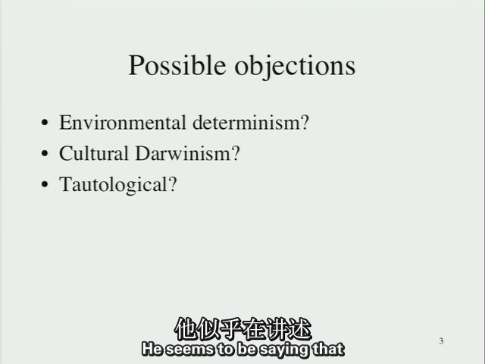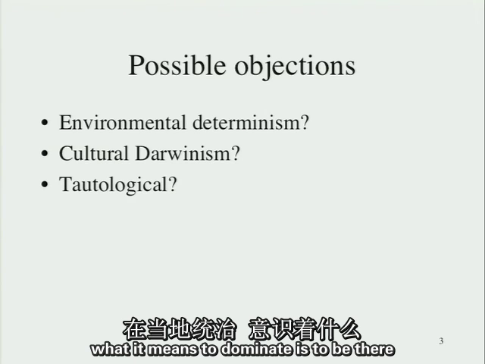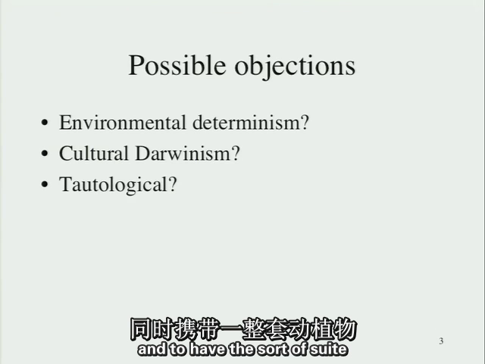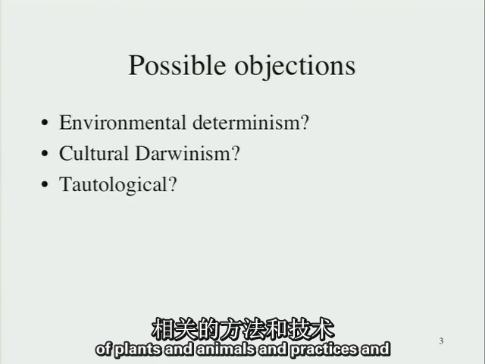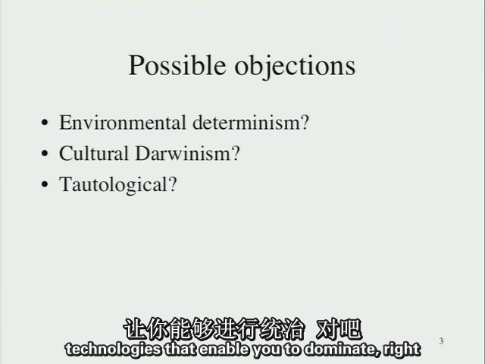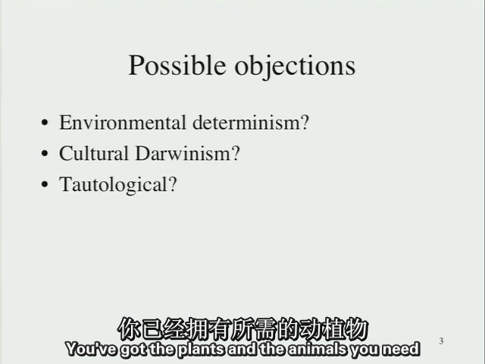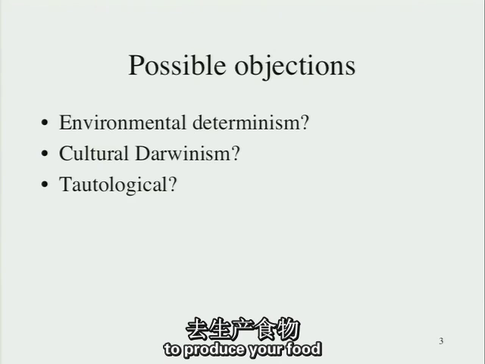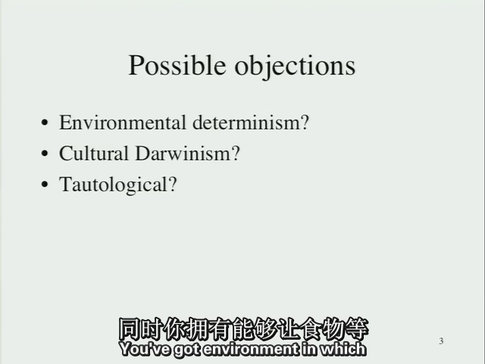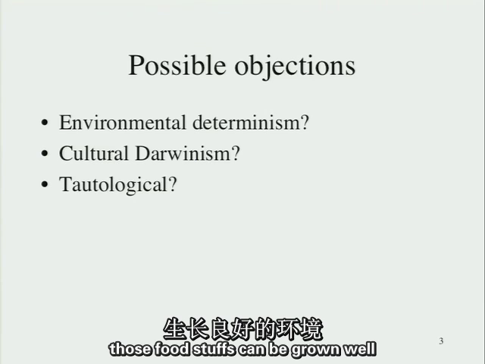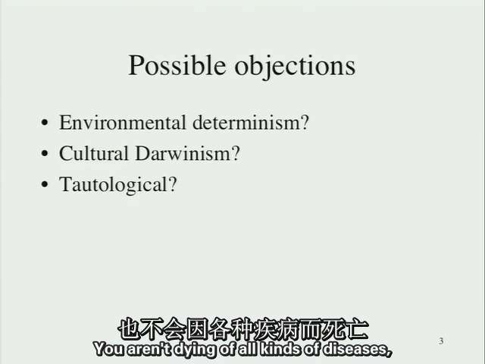I mean, he seems to be saying that what it means to dominate is to be there and to have the sort of suite of plants and animals and practices and technologies that enable you to dominate, right? You've got the plants and the animals you need to produce your food. You've got an environment in which those foodstuffs can be grown well. You aren't dying of all kinds of diseases.